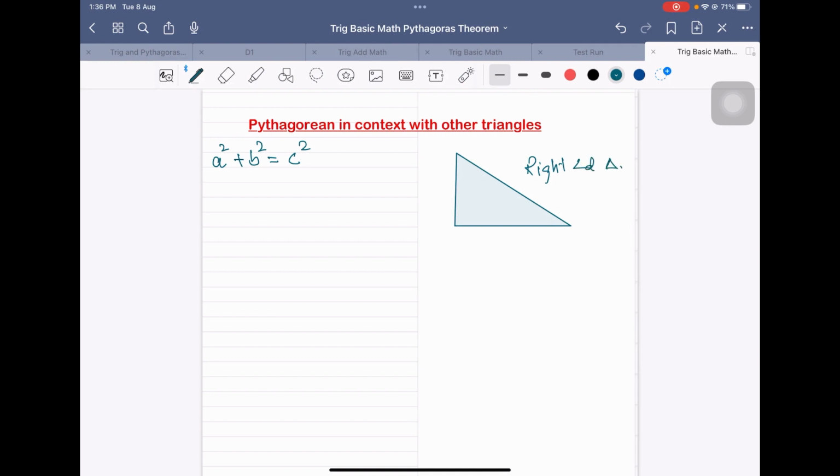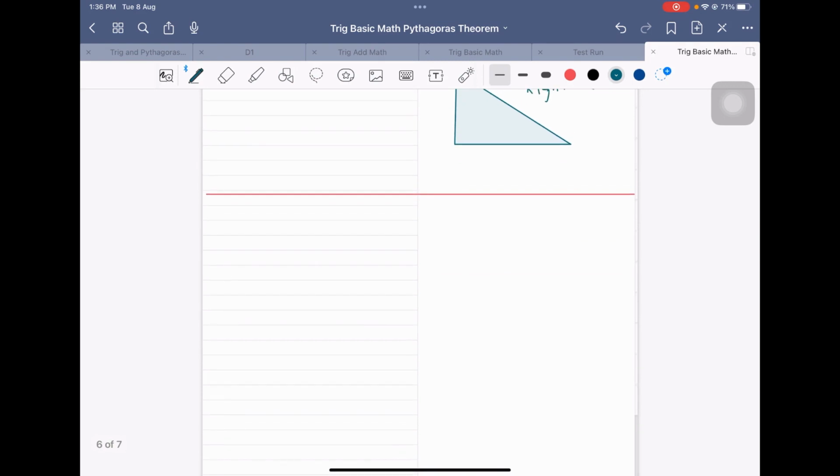But if we have any other triangles that we need to focus on, then we say if a squared plus b squared is less than c squared, which means the sum of the squares of the other two sides is less than the square of the longest side, then we say that it is an obtuse angle triangle.